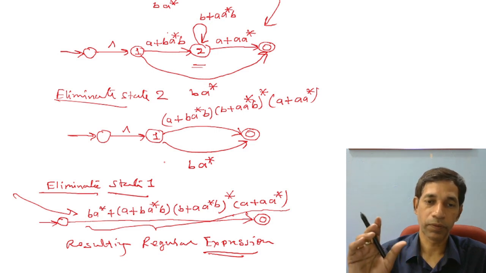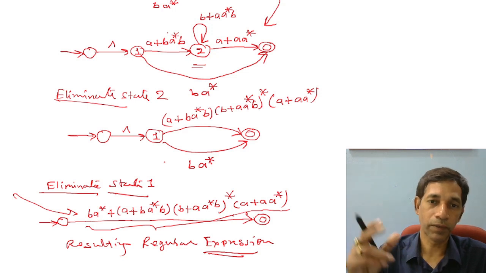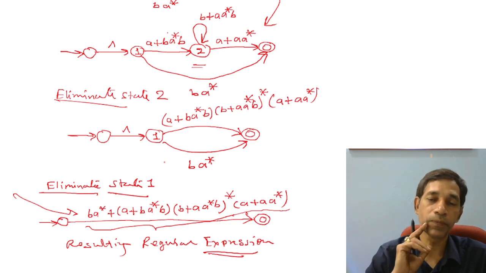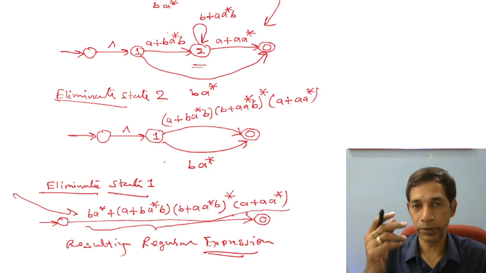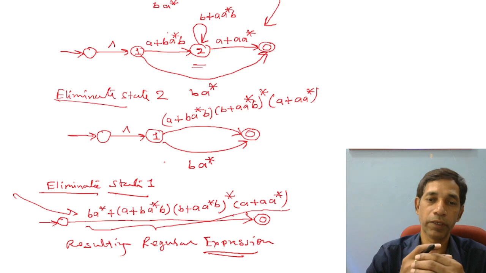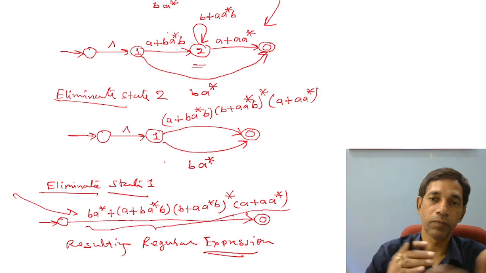One is the initial state and the other one is the unique final state, and you have only the direct edge from the initial state to the final state, and whatever be the label of that edge, that is your answer. So using this algorithm, this kind of method, you can obtain the equivalent regular expression for any given machine.